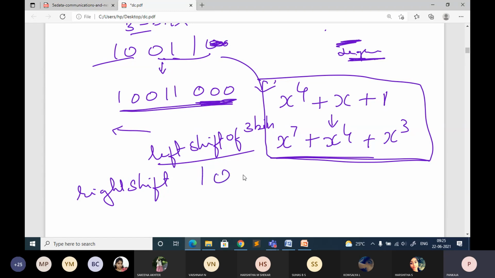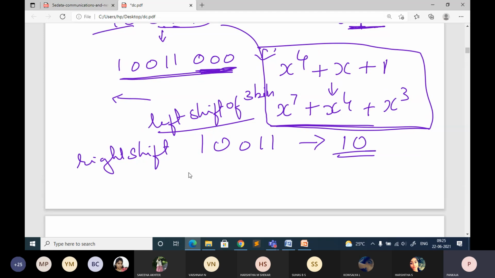So that means 1 0 0 1 1, it is shifted to the right side. The value you got is 1 0. The same thing you represent in polynomial, that is x power 4 plus x plus 1. After right shift by 3 bits, the result of this is only x.